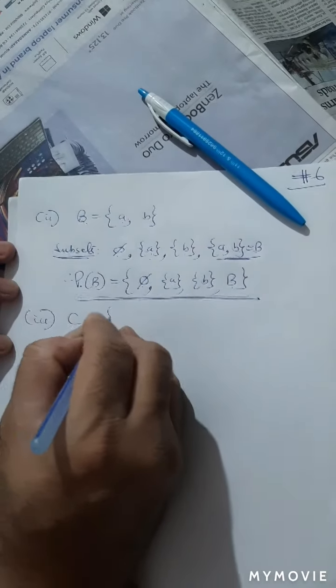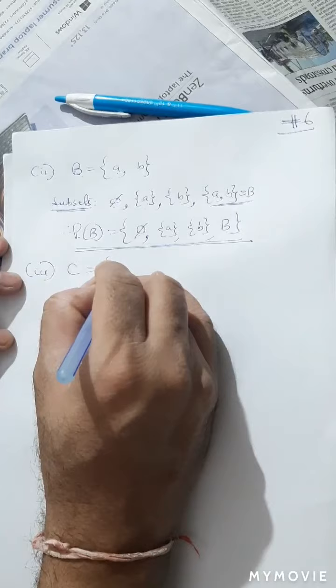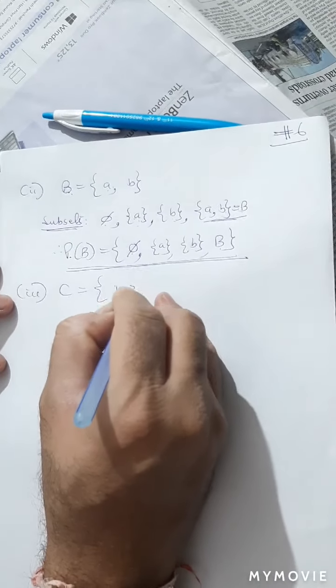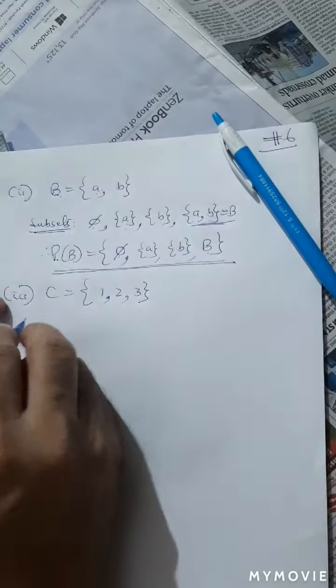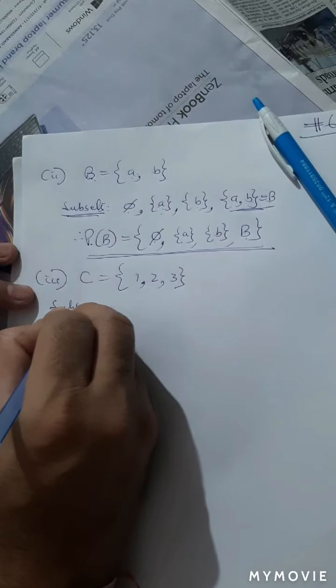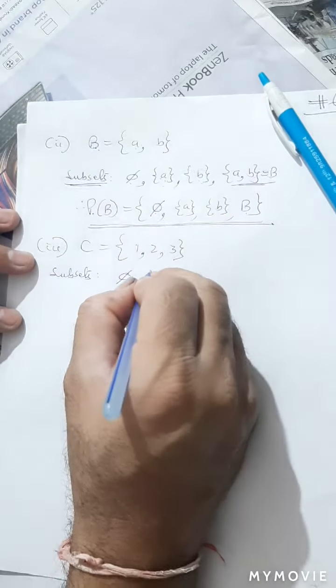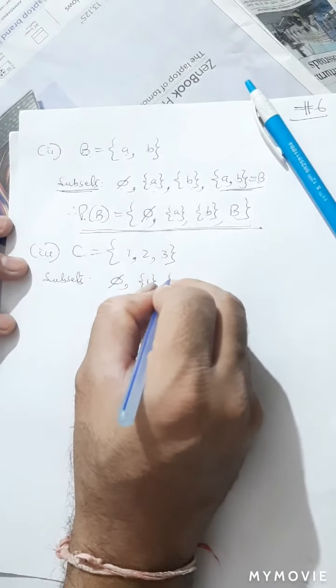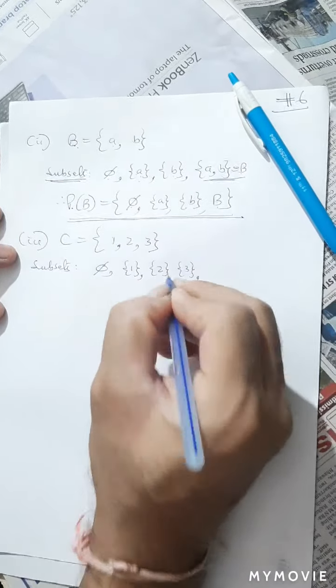I'll take C equals, for example, a set consisting of, let's write anything you can take, 1, 2, 3, three members. I'll list the subsets. So what are the subsets here? Phi is a subset of every set. Singleton 1, Singleton 2, then Singleton 3.